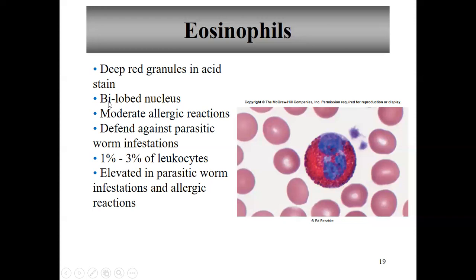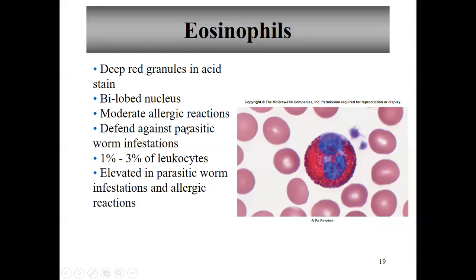Eosinophil is bilobed. We noticed that the neutrophils had a lobed nucleus. It had multiple lobes on the inside. Eosinophils are bilobed, bi meaning two. So it has two lobes of your nucleus in eosinophils. This eosinophil responds in an allergic reaction.